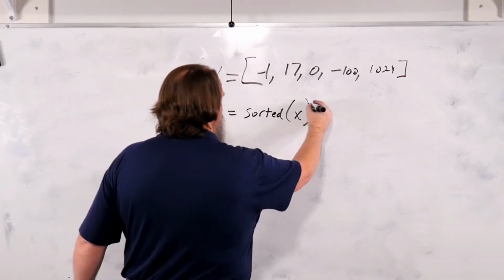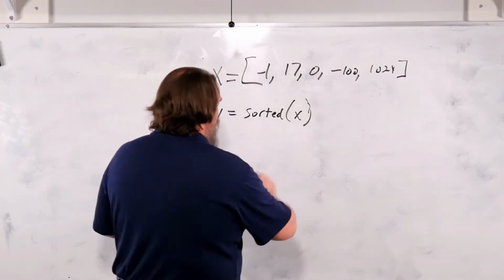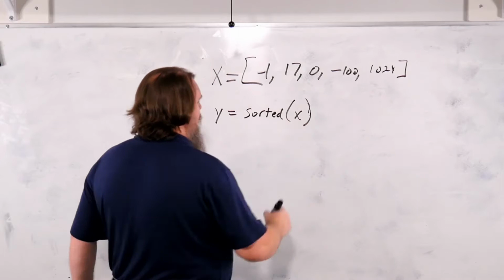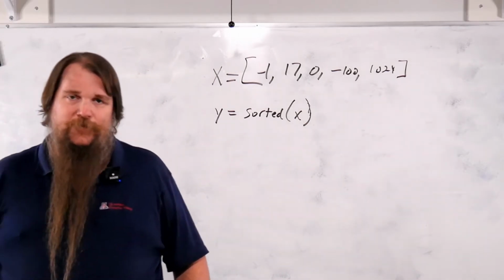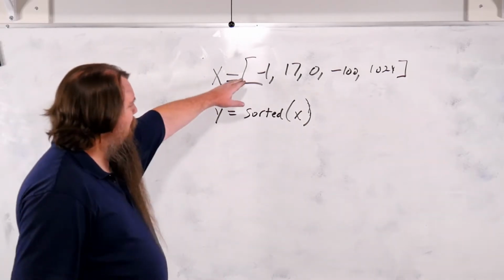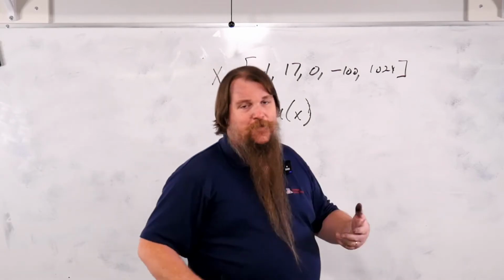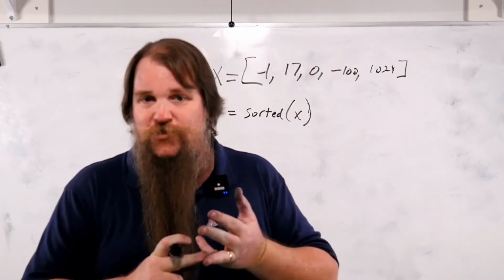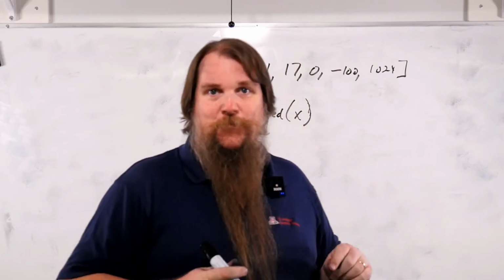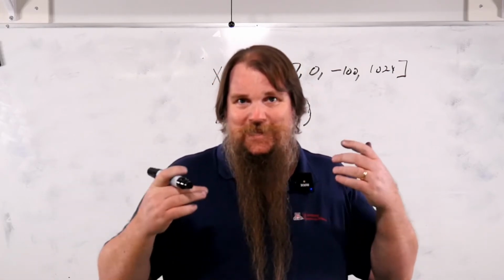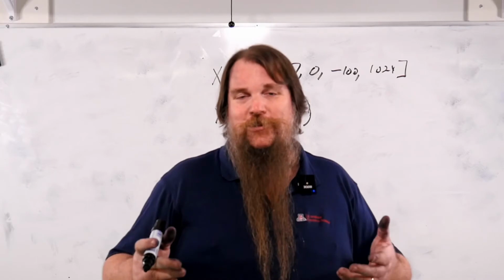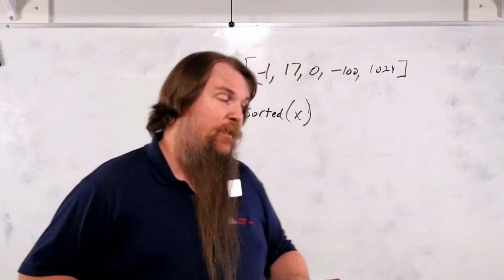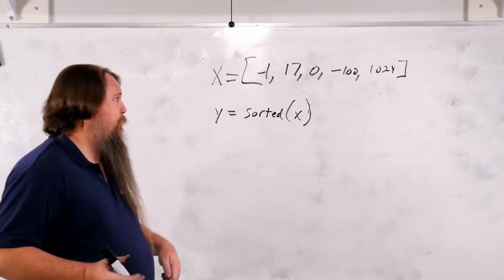Now what sorted does is that it always returns a list, no matter what. It doesn't care what the input data was. If the input data was a tuple, it still returns a list. If the input data was a string, it'll return a list. If the input data was a dictionary, then it will return a list of keys, but it will return them in sorted order.